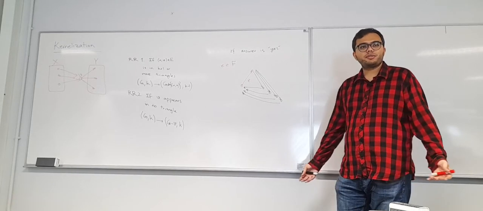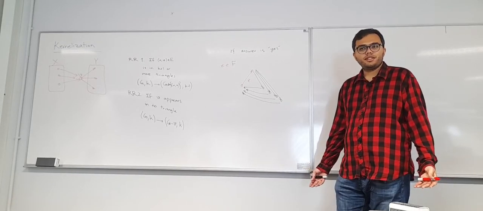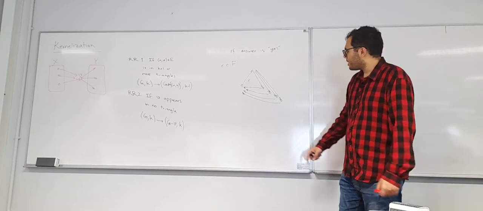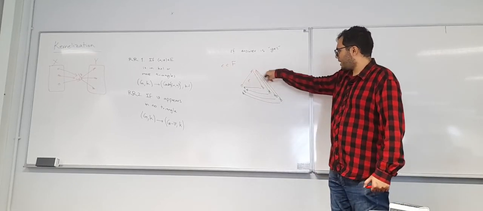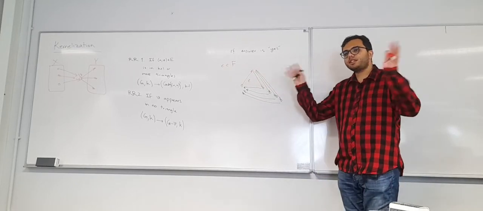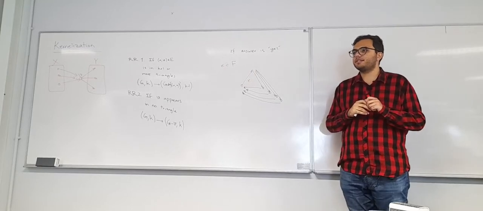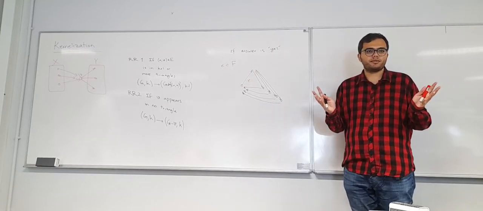I can have k squared triangles, because each of these edges is in at most k triangles, and even assuming all of those triangles are completely separate, I get k squared triangles.